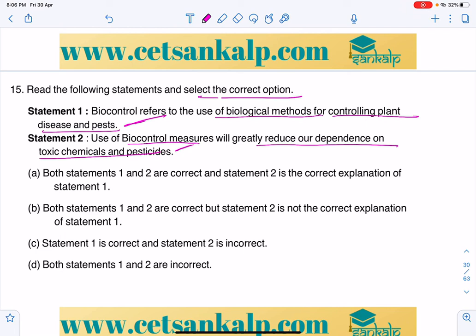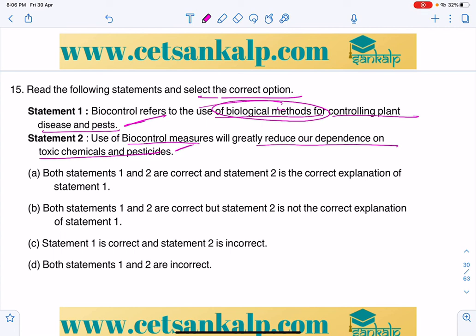But what are those biological methods used in biocontrol? There we use biopesticides, and along with that we use some insecticides that naturally kill pests. Those are biocontrol agents, which refer to biological methods that control plant disease and pests. Mainly we use biopesticides.